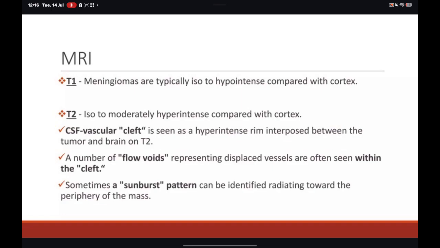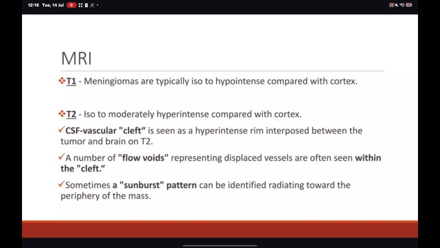MRI. T1: meningiomas are typically iso- to hypointense compared with cortex. T2: iso- to moderately hyperintense compared with cortex. A CSF vascular cleft is seen as a hyperintense rim interposed between the tumor and brain on T2.